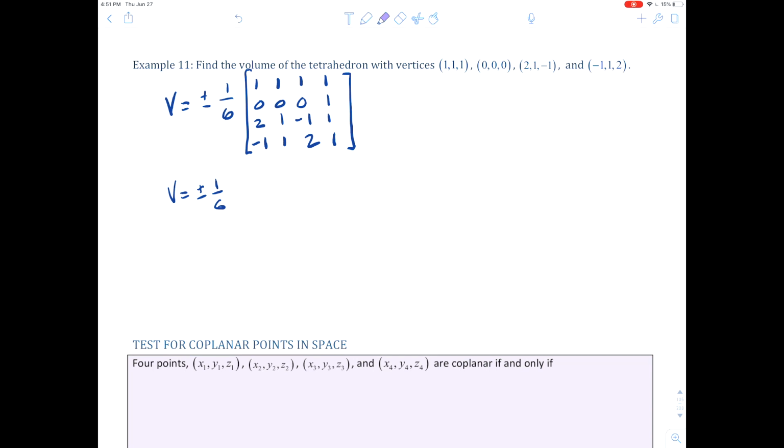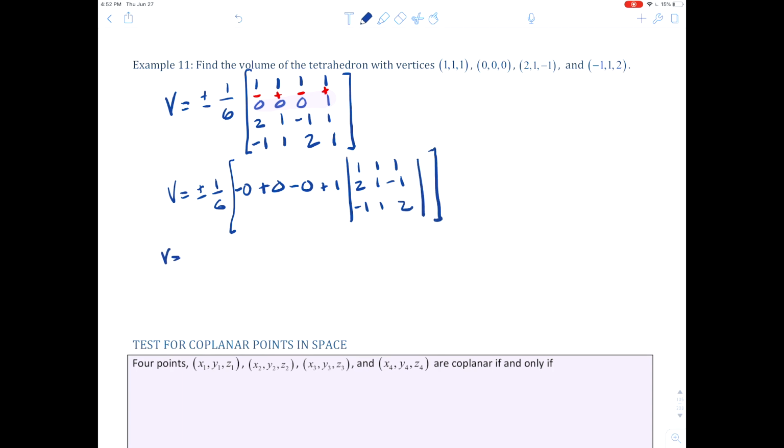And what do you think we ought to expand about? Very good. This might be a good one down here. And let's see, that would be plus, minus, plus, minus, plus. So here we go. We'll end up with 0, minus 0, plus 0, minus 0, plus 1 times the 3 by 3, which is 1, 1, 1, 2, 1, -1, and -1, 1, 2.